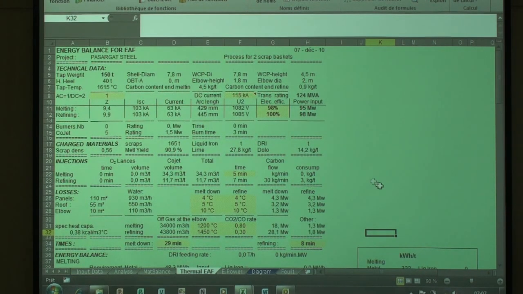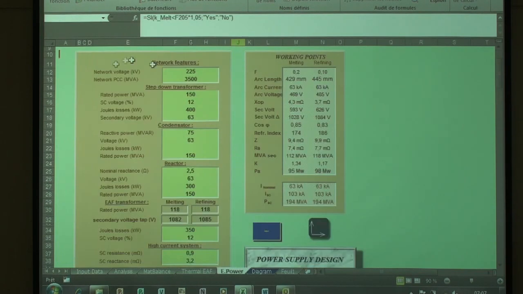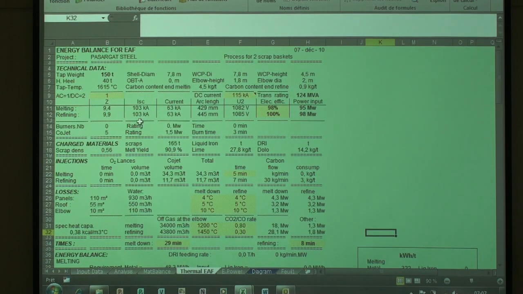Thermal balance nowadays is not much to adjust, because everything has been prepared in the other sheets. The only thing, in case we have a DC, of course, you can forget all this stuff here. In case of DC, you just define the power you need and the current you accept. Because in this formula you don't take this one, you take 0.